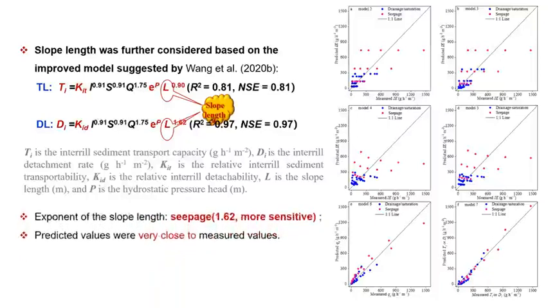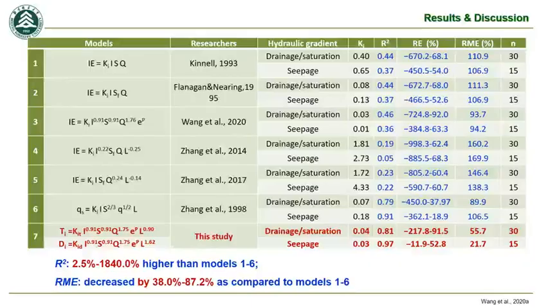The one-to-one line indicates that the predicted value obtained by our study was very close to the measured values. For the drainage and seepage conditions, the value of R² was 2% to 1,800% higher than the existing equations.